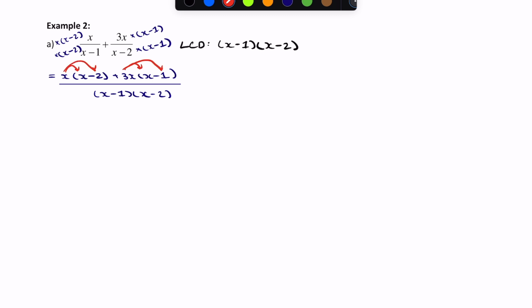So we'll distribute the x into the x minus 2 and the 3x to the x minus 1. So here we'll be left with x squared minus 2x plus 3x squared minus 3x over x minus 1, x minus 2.